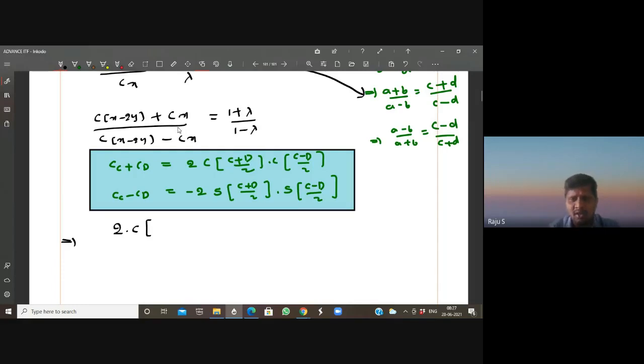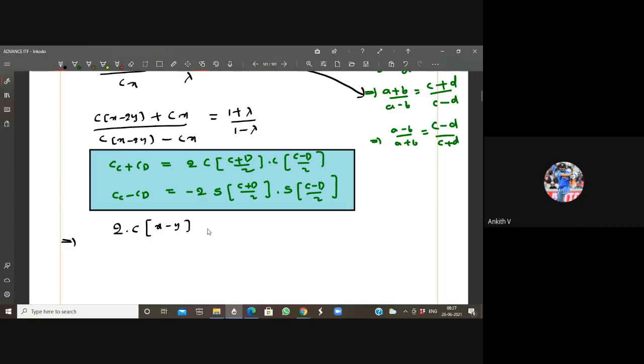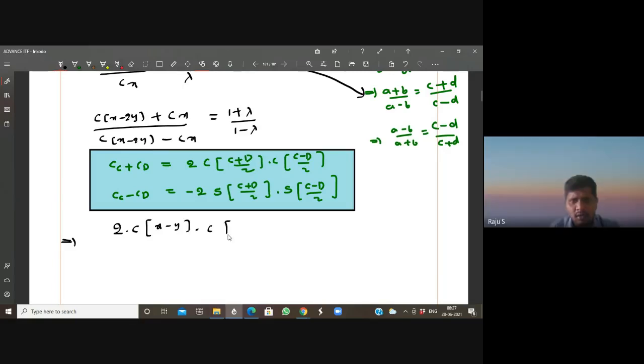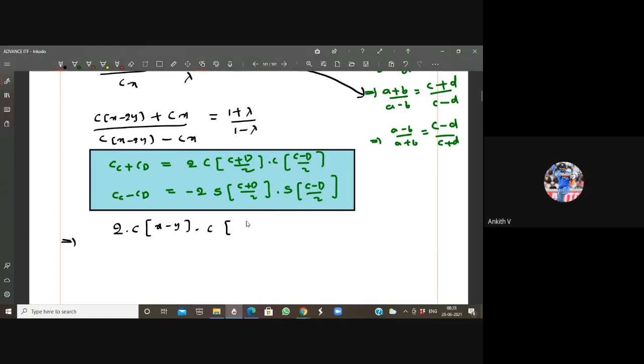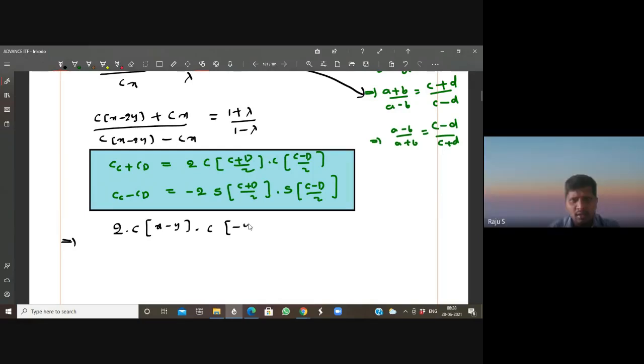It is cos(x − y), since (2x − 2y) by 2. Then for (C minus D) by 2, the x minus x cancels and we get minus 2y by 2, which is just minus y. Cos is an even function, so it becomes positive. Am I right?